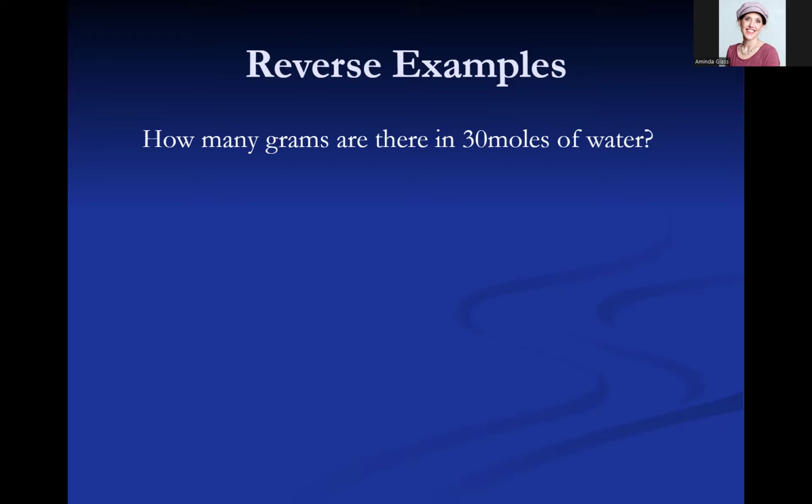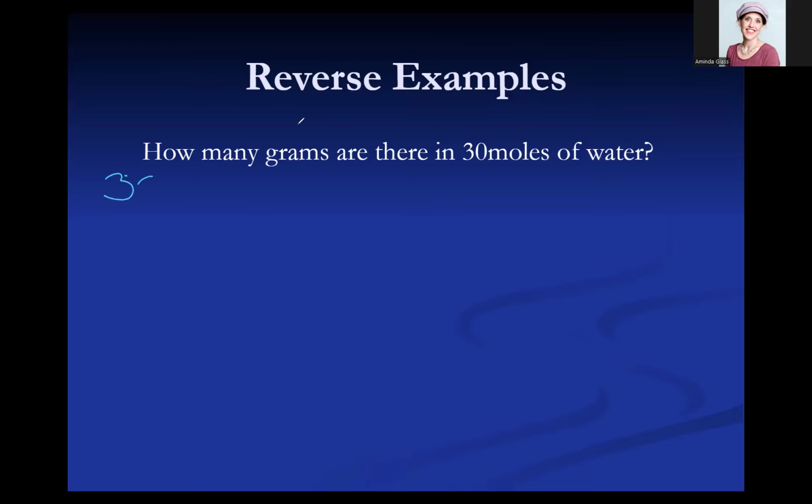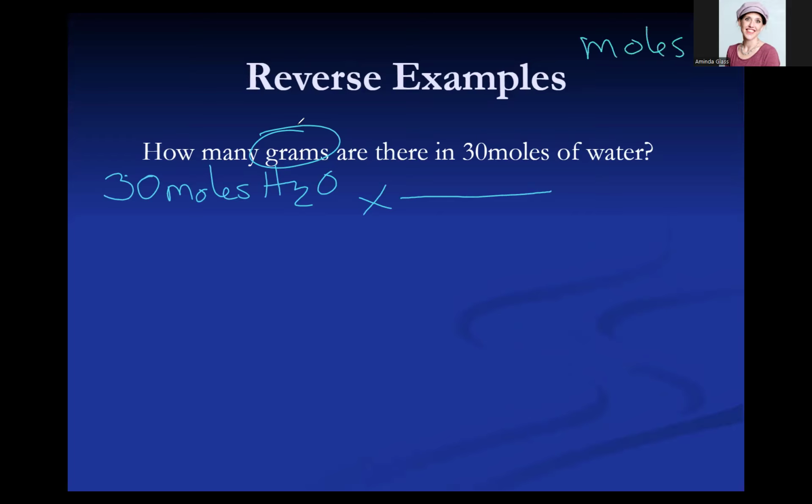So how many grams are there in 30 moles of water? Look, what are we given? 30 moles of H2O. We want to know how many grams there are. So we're going to set it up. We can go from moles to grams, and we can go grams to moles.